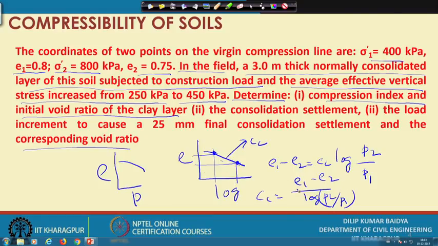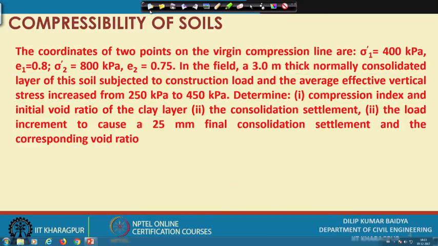So, on the virgin consolidation curve 2 points are given. Using those 2 points we can find the compression index, and after that I have to do the rest.